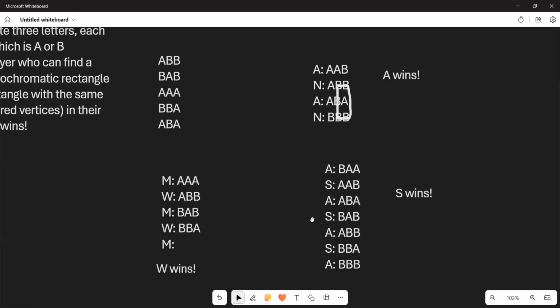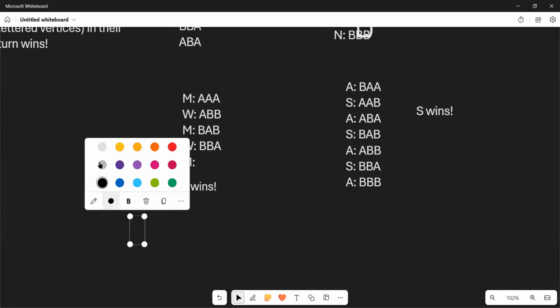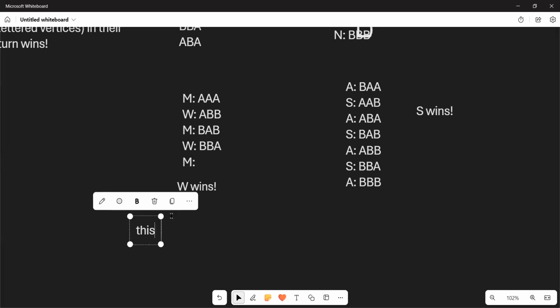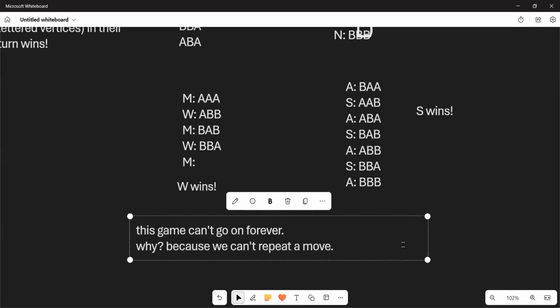If we take the perspective of this game, if we repeat 2 moves, then it will form a rectangle no matter what. Why? Because there are only a particular number of combinations of A and B. Exactly.